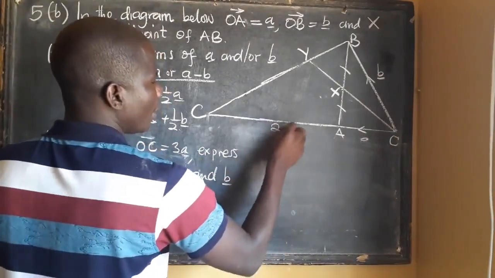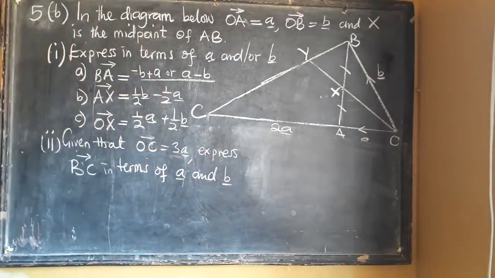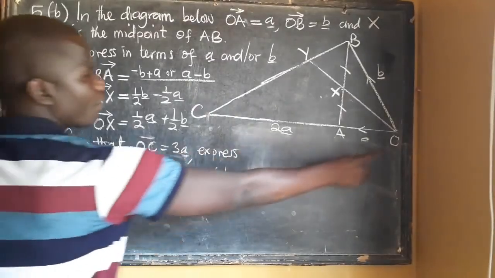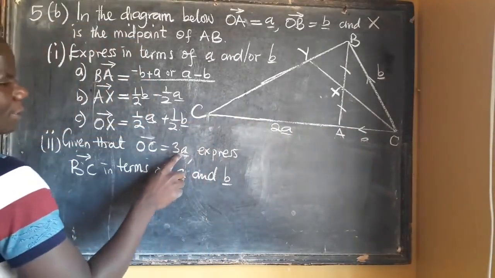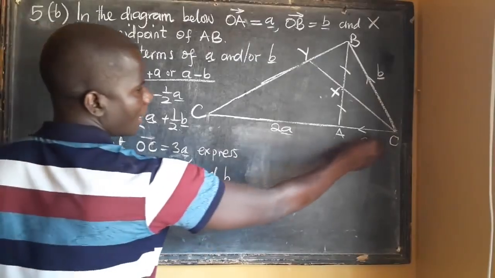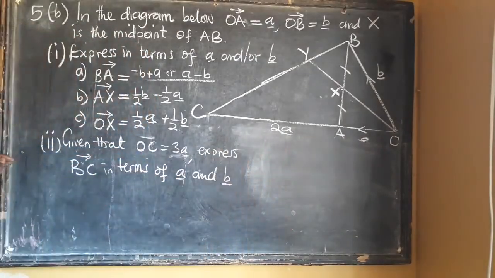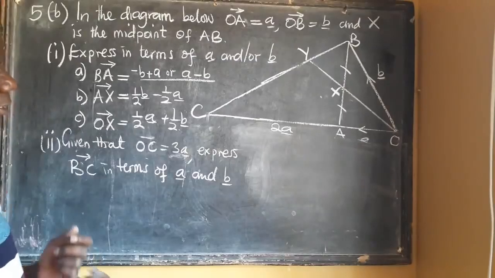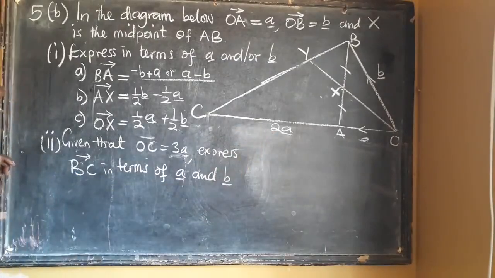So the remaining part here is 2A, because we are told that from O to C is supposed to be 3A. We already have an A here, so the remaining part is going to be taken by 2A.